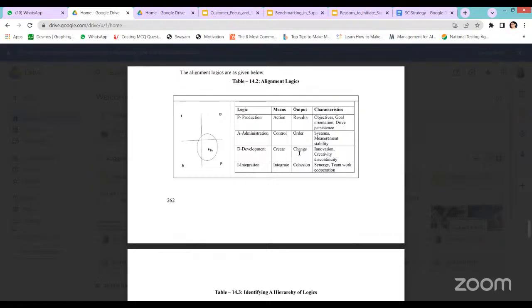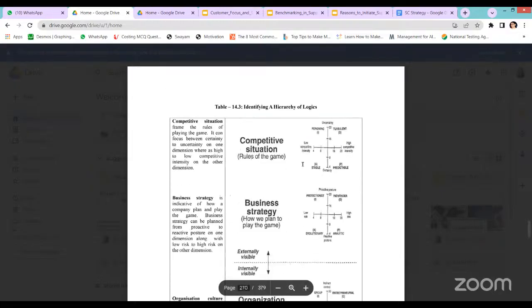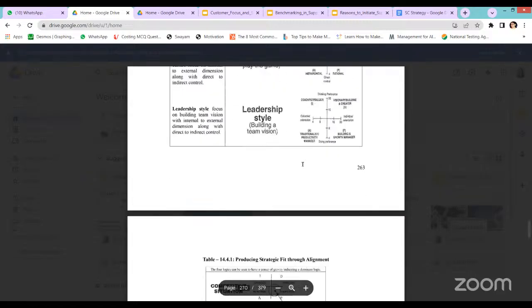It creates a new product, changes raw material, and leads to sales and customers. So it involves innovation, creativity, and discontinuity. Integration is cohesion, bringing synergy, teamwork, and cooperation, and integrating the different people involved in the supply chain. The next one, no need, you can write.